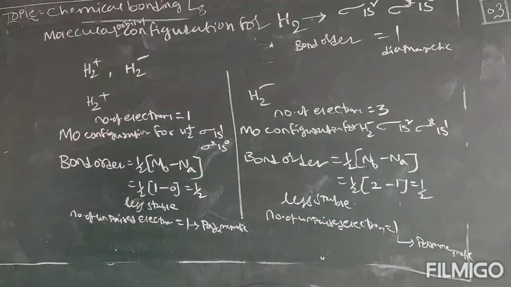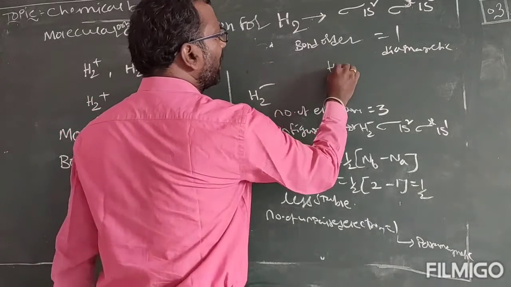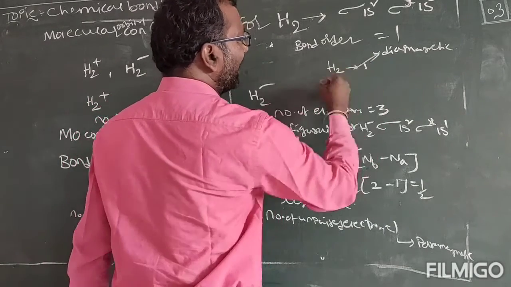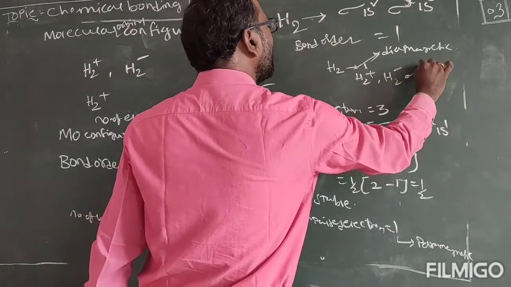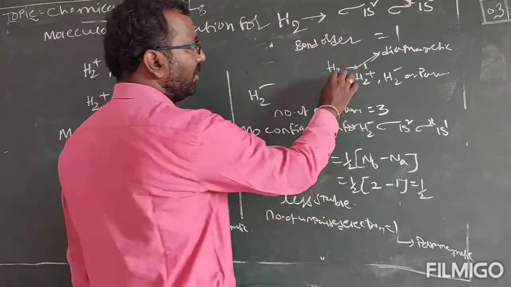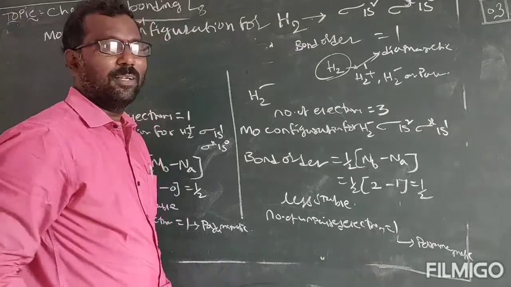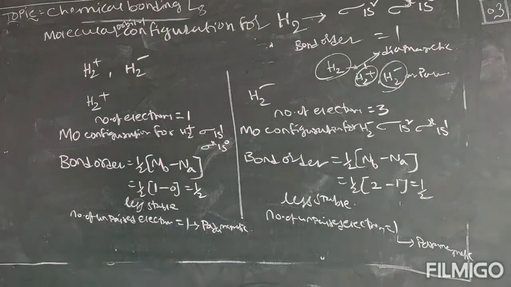Now you see the things. Here you can say clearly one conclusion. H2 is diamagnetic and H2 plus, H2 minus are paramagnetic. And which one is stable? H2 is stable and H2 plus and H2 minus are less stable.